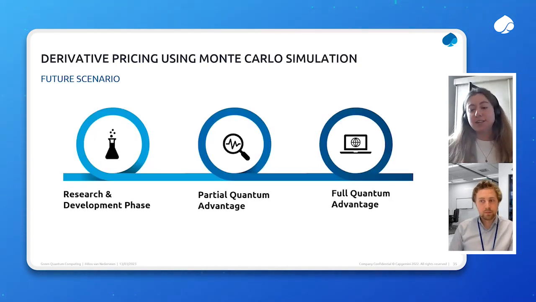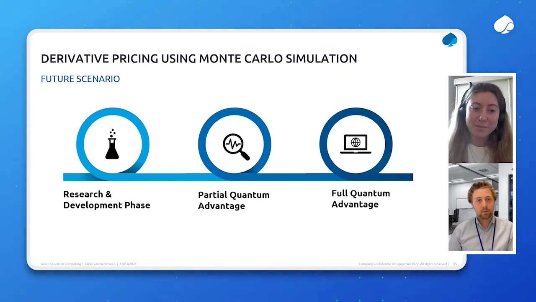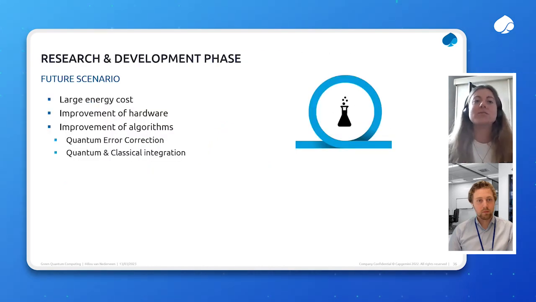This combined leads us to believe that there are 3 different phases that derivative pricing using Monte Carlo simulation on a quantum computer will go through, which are the research and development phase, the partial quantum advantage, and a full quantum advantage. Now, the research and development phase is what we're currently at.